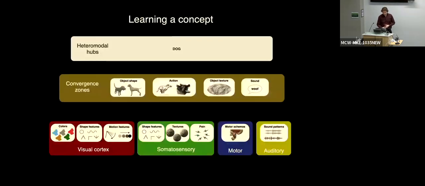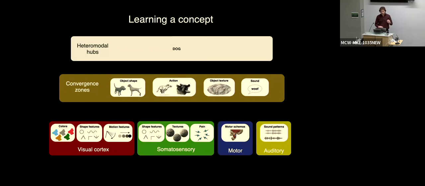And so here is a visual representation of what we propose is happening in the cortex in terms of how concepts are represented. So when you learn a concept, you learn it through your visual, somatosensory, motor, and auditory experience in the world. So you activate elementary features that are stored in these cortical areas.